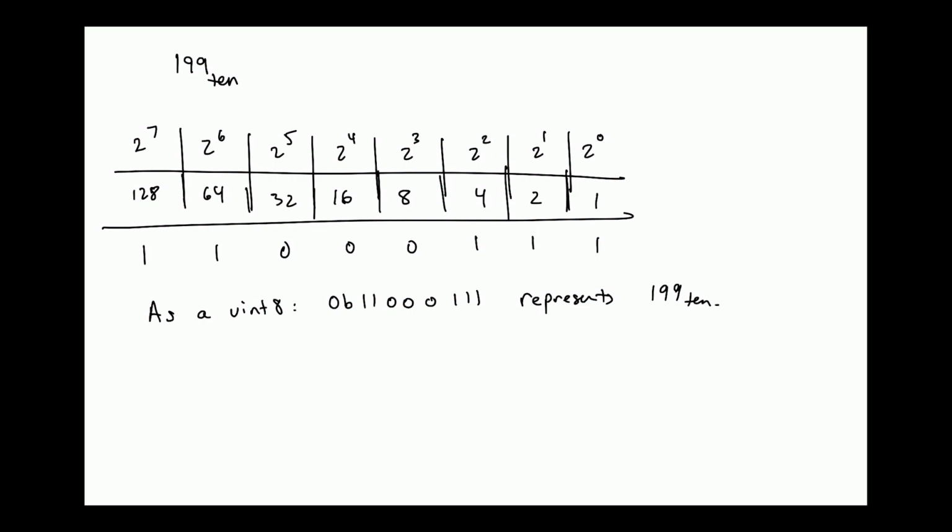We picked essentially randomly a base 10 number, 199, and we have now encoded it as a uint8. Now, what do I mean when I say uint8? Well, what does the 8 part mean? What do you think? The number of bits, right? So there are 8 bits, and that's why I wrote the 8 there.